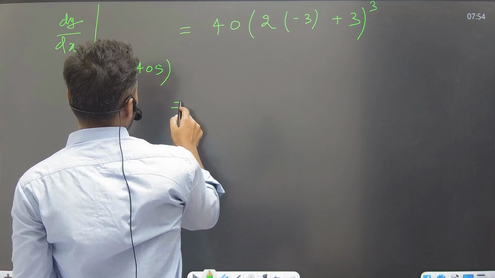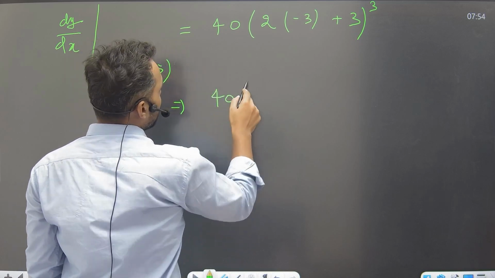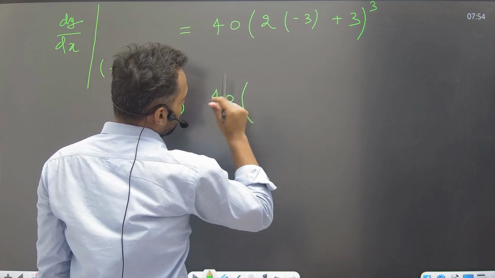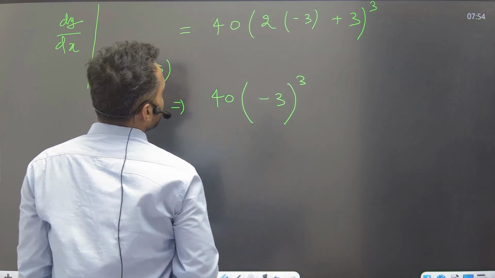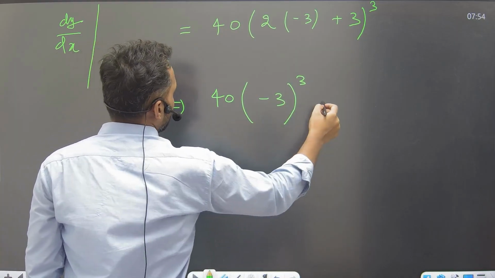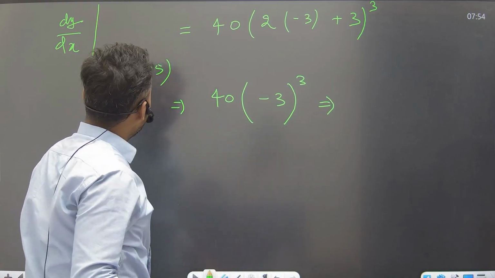After calculating it further, you will get 40 cross of (negative 6 plus 3), which is negative 3, raised to the power 3. Now this will be the slope, student.